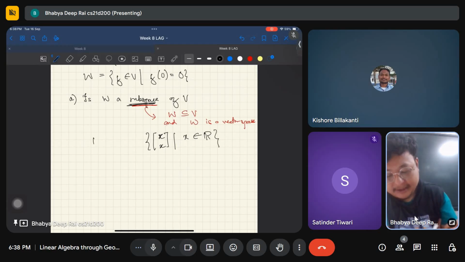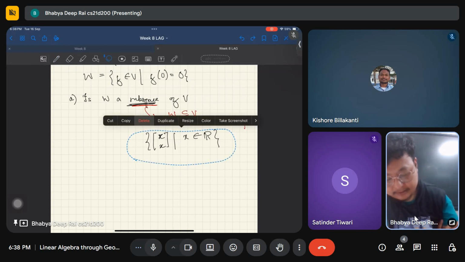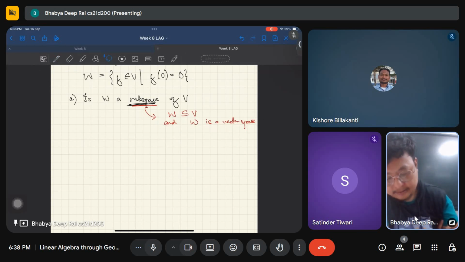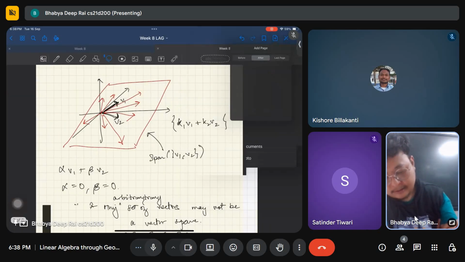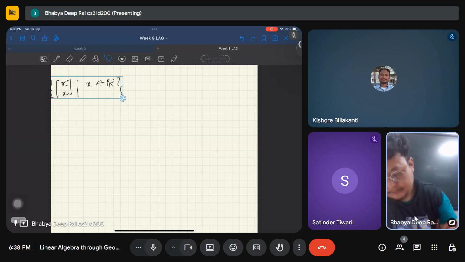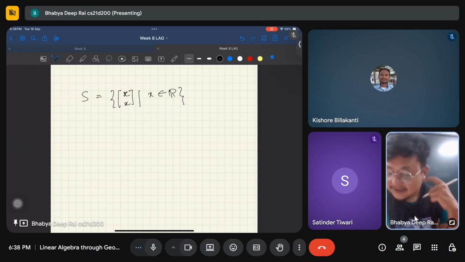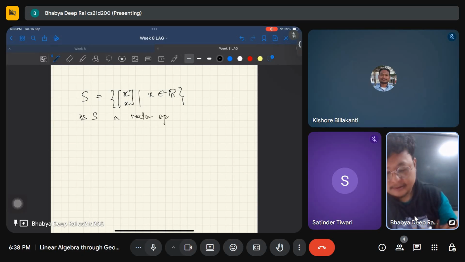I'll write it separately. The question is: is S a vector space or not?